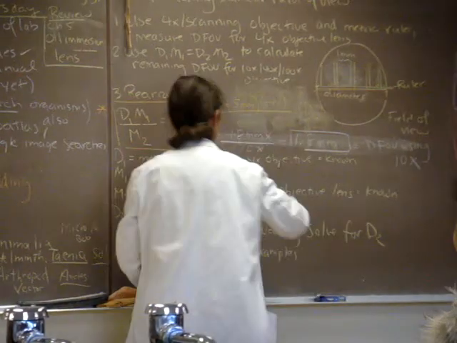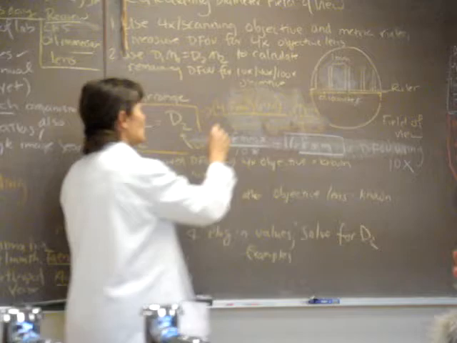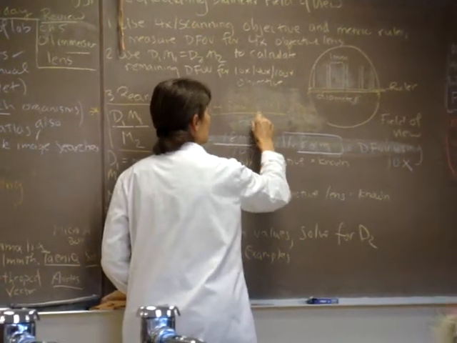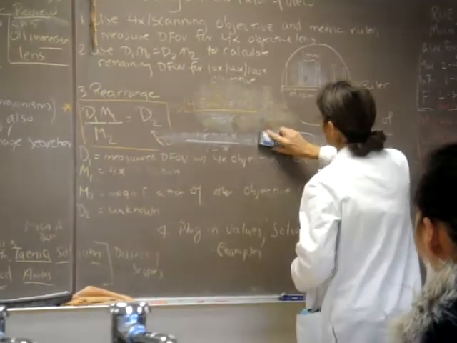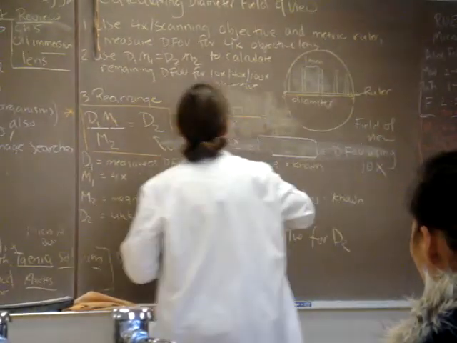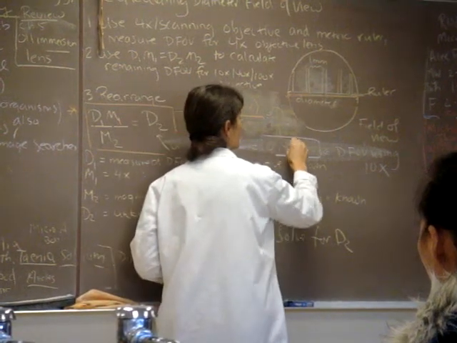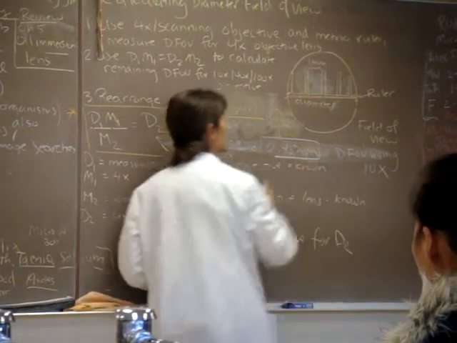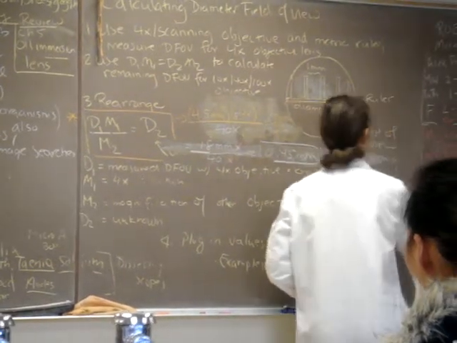That's the only thing I'm going to change. If I want now to calculate diameter field of view for my high dry lens, I just put in 40x. I do the math, and I'll end up with 0.45 millimeters. Okay, and that'd be the diameter field of view for 40x.